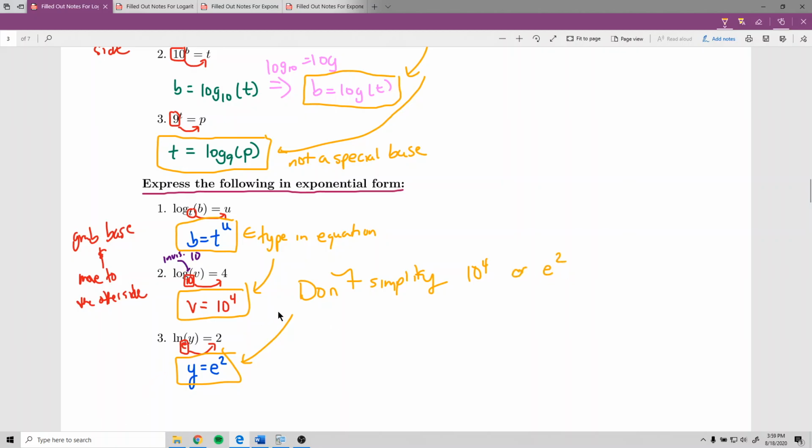Write the entire equation. All right, now one thing I'd like to mention, even though we're not going to do this for a couple sections, is that if we were solving for v here, or if we were solving for y here, this is exactly how we could do it, because we have v equals and we have y equals. So even though we haven't solved a logarithmic equation, this is one way to be able to do it.